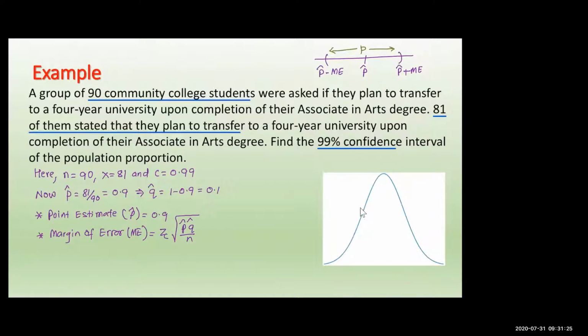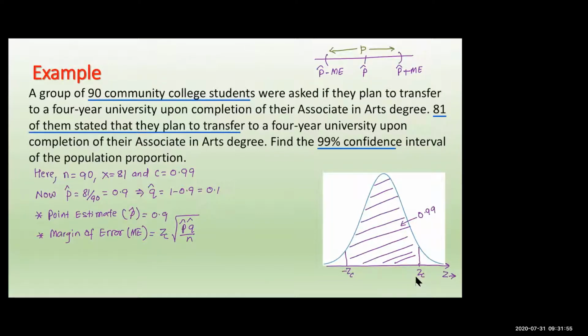So in the normal distribution along the x-axis, you have the Z score. In the middle, you have the 99% area, which we are going to label first. So the area in the middle is 99% or 0.99. This is our 99% area. So this is Z critical and this one is negative Z critical. We need to find that Z critical.